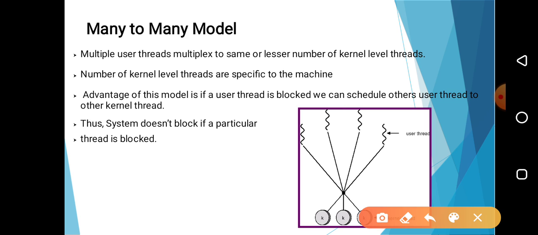This system does not block if a particular thread is blocked, because the kernel threads are connected to each other. Therefore, if one gets blocked, all the others are there to take charge.